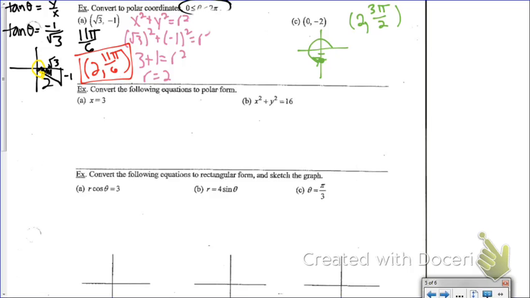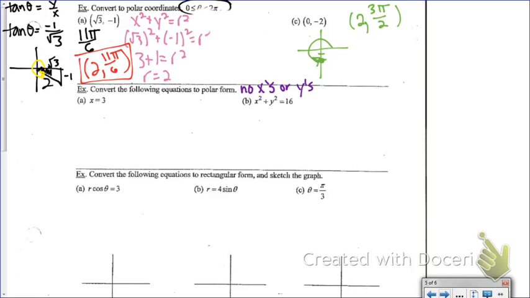All right, now the last thing we're going to do is convert equations. So when we're converting equations, we're really just going to substitute things using those original properties we came up with on that previous part. For example, when we're converting from a rectangular equation to a polar equation, our goal here is to get rid of x's and y's and only have r's or thetas. So if we're converting this to polar form, that means there are no x's or y's.